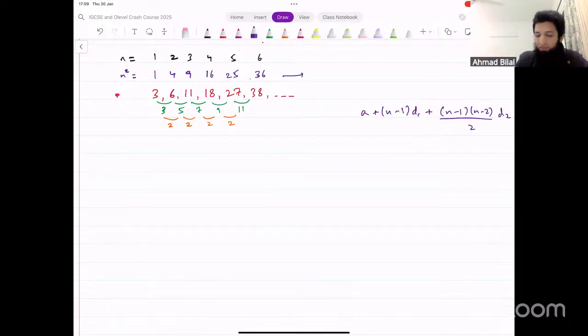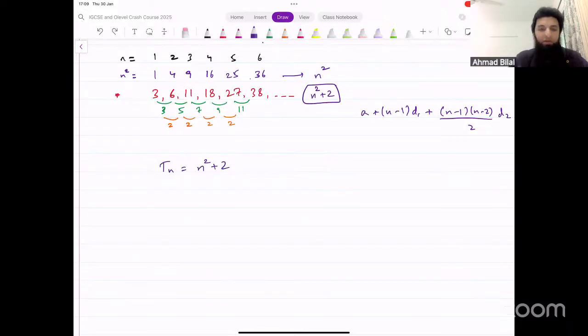This sequence is n squared. What should be the sequence that's below there? You're just adding 2 to the whole thing. That becomes n squared plus 2. So the nth term formula for this sequence would be n squared plus 2. You can write it down directly if you're able to recognize this.